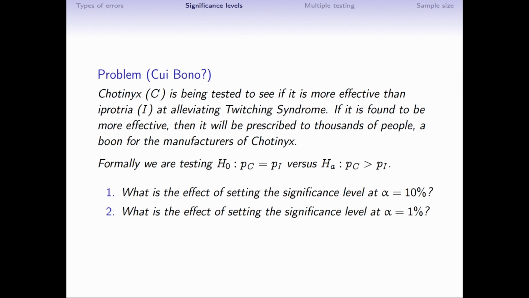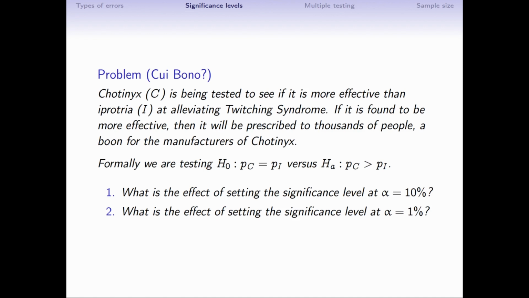Now, if it is found to be more effective, then it will be prescribed to thousands of people, which will be a boon for the manufacturers of Chotinix. So the manufacturers of the drug Chotinix have a vested interest in demonstrating that their drug is more effective than iprotria.